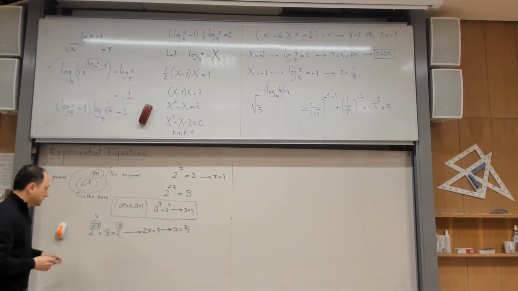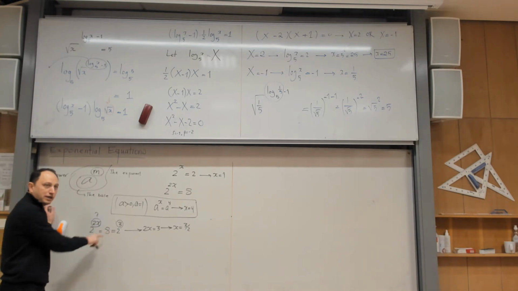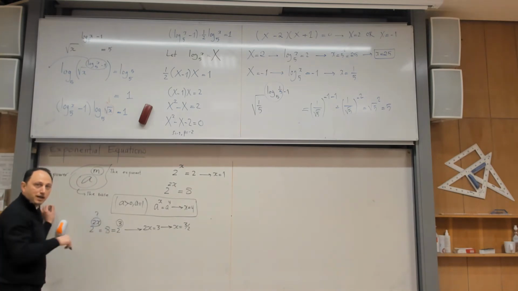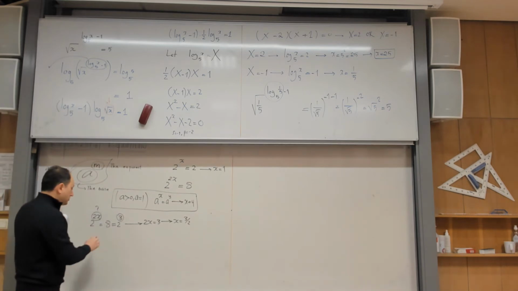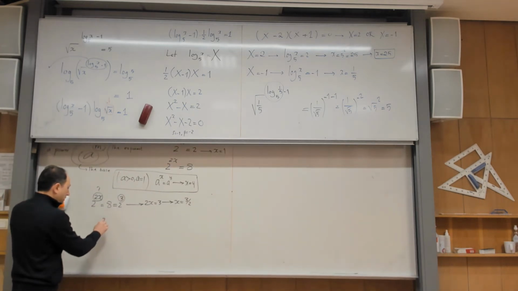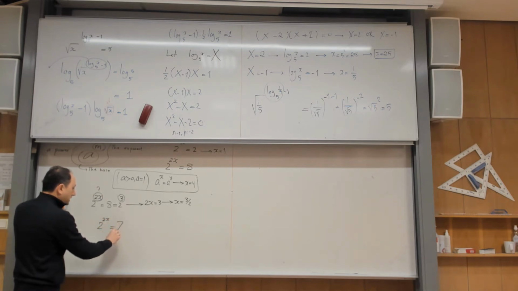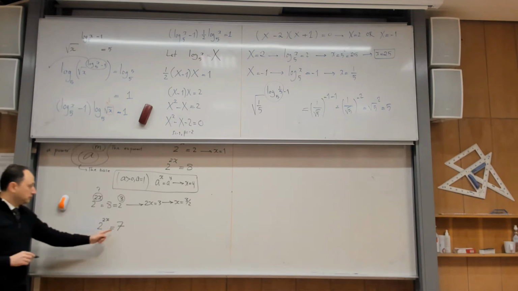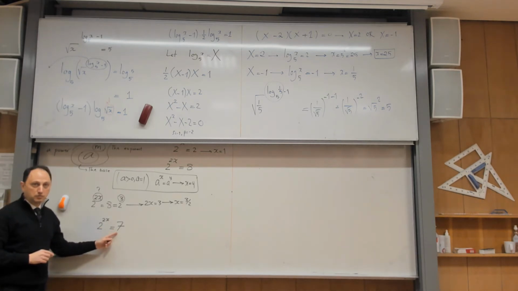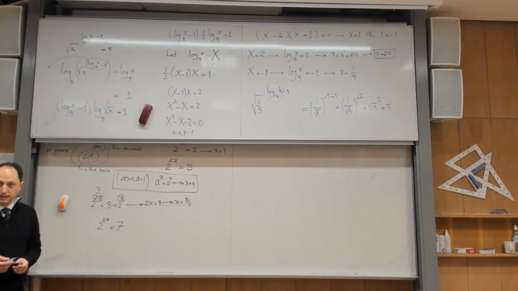Yes. But now let me change this problem from 8 to 7. In Math 1C you were not able to solve it, but now you can. So if I change this problem to 2 to the power of 2x is equal to 7, and I ask you to find x. We couldn't solve that in Math 1C because we didn't know how to write 7.